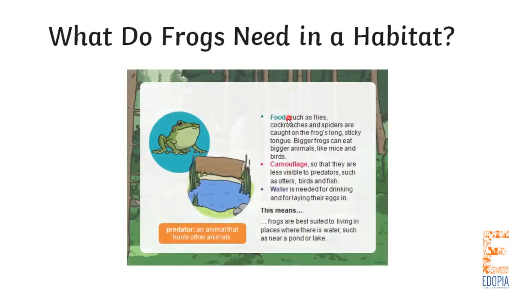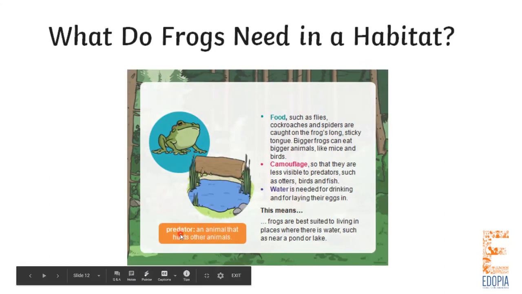A frog needs food such as flies, cockroaches, and spiders that are caught on the frog's sticky long tongue. Bigger frogs can eat bigger animals like mice and birds. They also need to camouflage, that means hide, so that they are less visible to predators such as otters, birds, and fish. They also need water for drinking and for laying their eggs in.